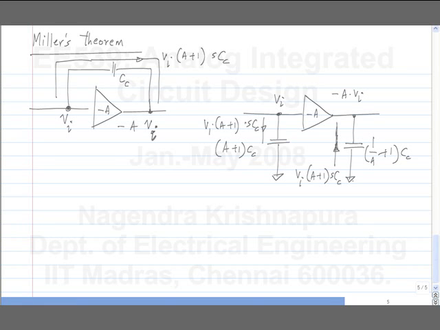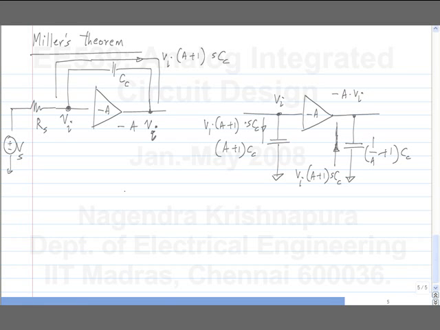So, for instance, let's say I drive this amplifier with a source whose resistance is Rs. Where will the pole be? One by Rs Cc into (A plus 1). Is that correct? In fact, if you evaluate it, it turns out to be correct.